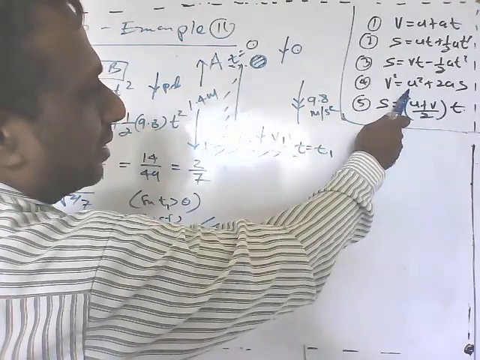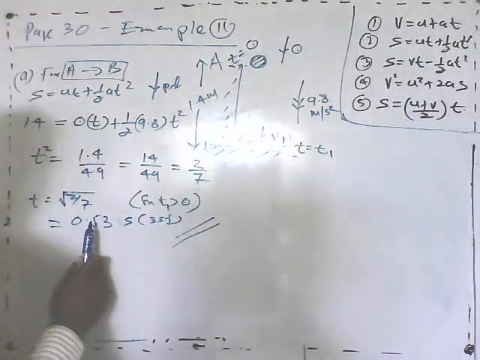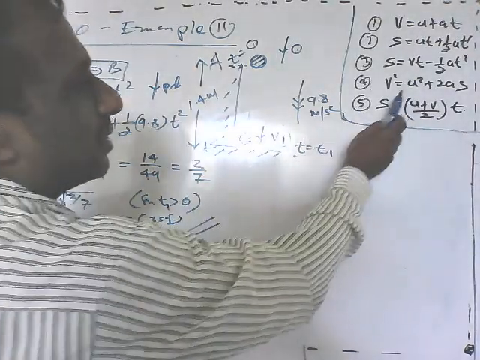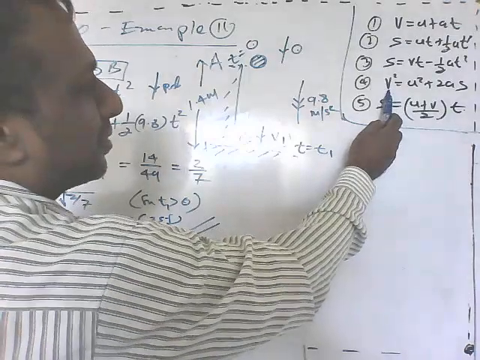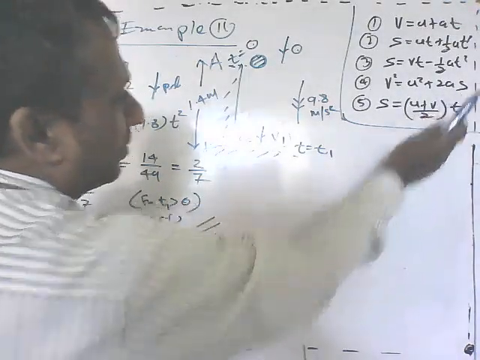Maybe I will use this, because this has a square root and lot of trouble is there. Here final velocity v1 squared, and initial is 0, acceleration 9.8, so it might be easy.